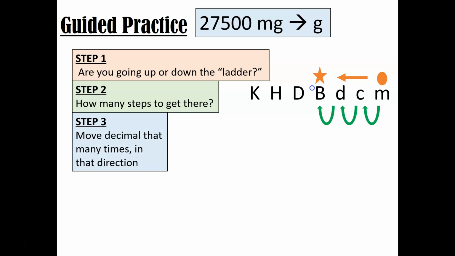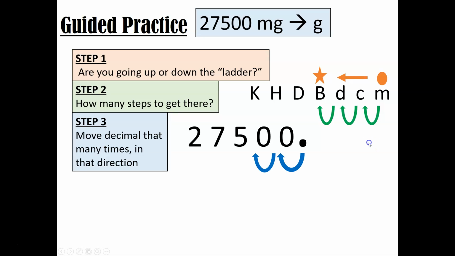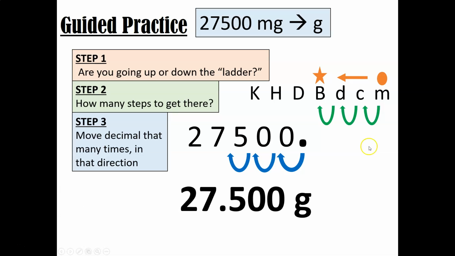Now I'm going to take my starting number and move my decimal 3 times in the same direction. 1, 2, 3. So 27.5 grams is exactly the same as 27,500 milligrams. And I don't know about you, but I think it's easier to say 27.5.